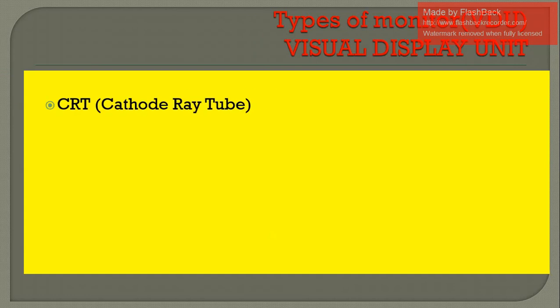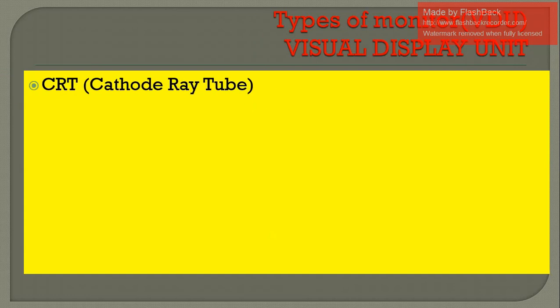Now you have to know about the types of monitor. I have mentioned the monitor types here, and the monitor is also called the visual display unit. CRT monitor, cathode ray tube monitor. This is the oldest monitor, and CRT monitors are basically used in desktop computers.